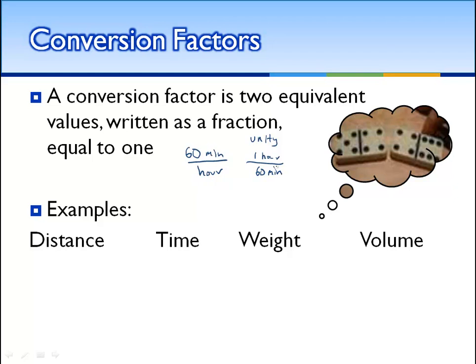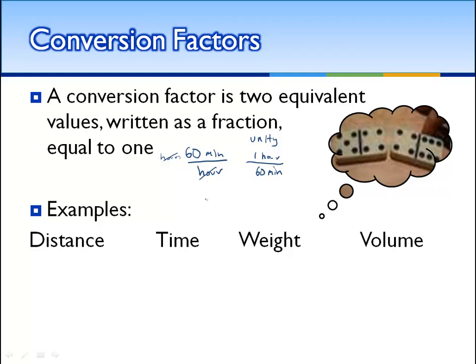The key to deciding which one you use is to write the one that cancels out the unit that you're trying to cancel out. So since we had hours before and we were trying to convert that into minutes, hours was what was on top, and so we chose this fraction because hours and hours would cancel, and that would change me into minutes.